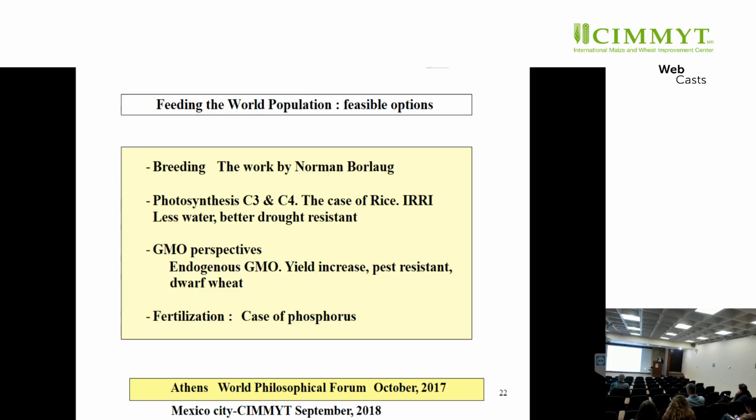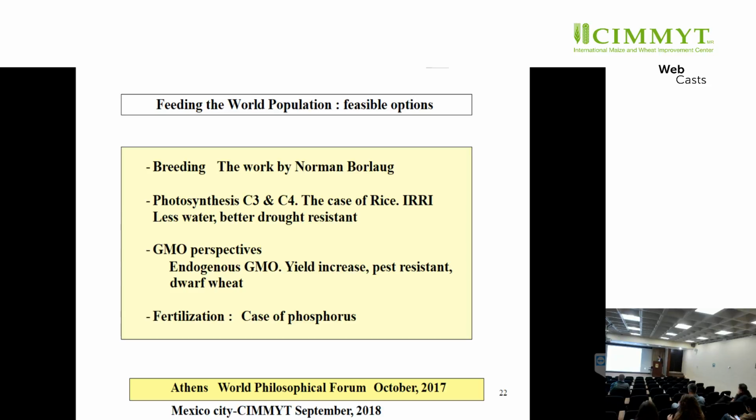GMO, I speak of GMO, it just had the following condition. Namely, endogenous GMO within the existing plants. This comes from an article from MIT from a few years ago, and is mentioned in my book.